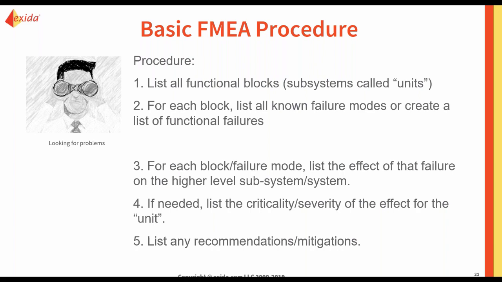In other words, list the effect of that failure on the next higher level system. In many of these analyses, we have, or at least we have the option, to list the criticality or severity of that effect. And sometimes we'll say, who cares? Seriously, that's just not a problem because of A or B or C. Document that.